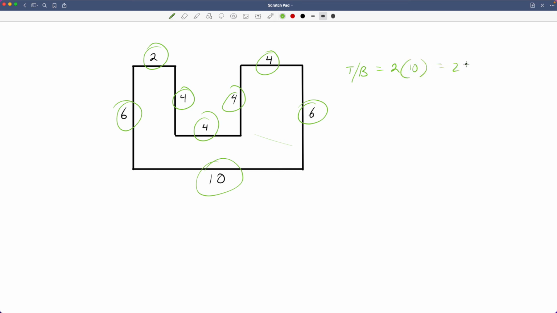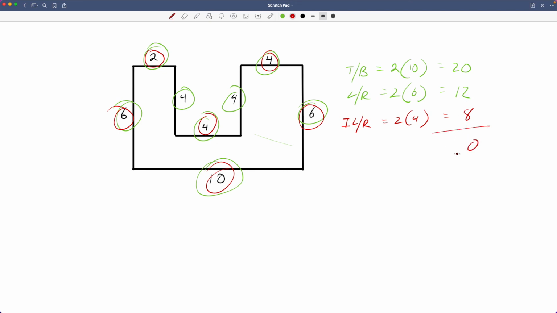So you can add this up, or you can look at it in a variety of ways, but ultimately, if you do it like this, or if you just write each dimension down, 2, 6, 10, 6, 4, 4, 4, 4, and then add it all together, carry 3, you're still going to get 40. So do it the way that makes the most sense to you.